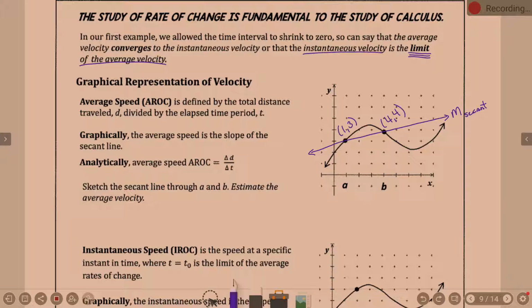So I sketched it. How do I estimate average velocity here? Well, average velocity, average speed, we're going to do rate of change, yes? So average rate of change is going to be the slope of the secant line. Slope, how do I do slope?